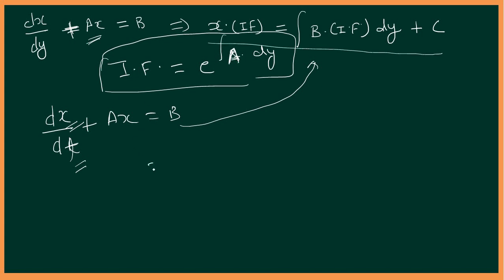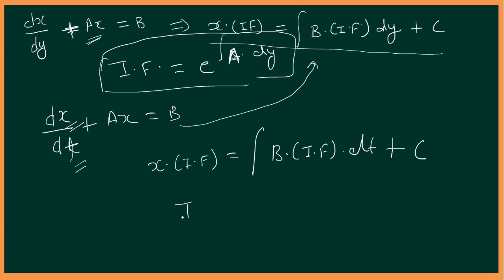You will get the answer like this: x times the integrating factor is equal to the integration of b times the integrating factor, instead of dy here you will get dt, plus one constant c. Here the integrating factor will be e to the power integration of a, instead of dy, dt.